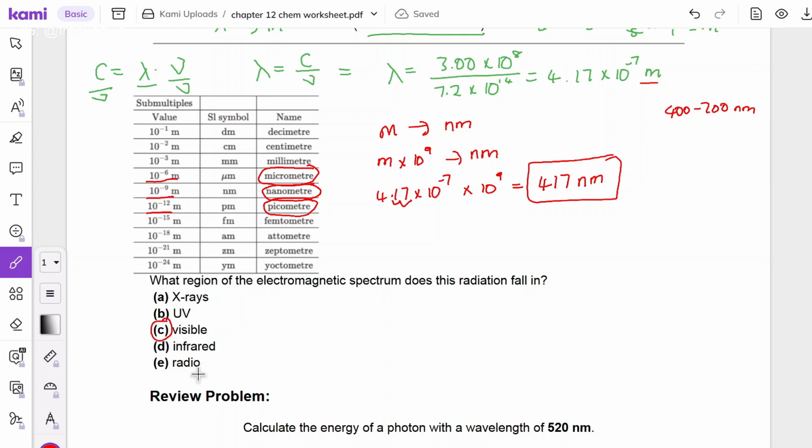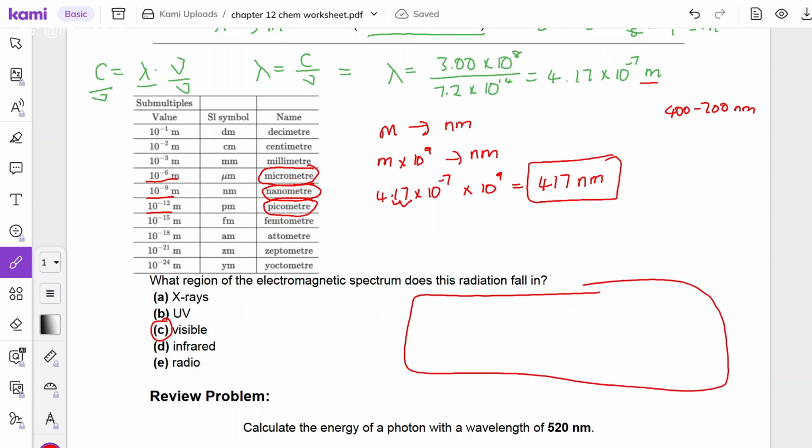And I'm not exactly sure if you're supposed to memorize the area that these wavelengths fall under, but sometimes they might give you a chart. It'd look something like this. Then it would write, let's say, 10 to the negative 9, then 10 to the negative 7 meters, and then say this falls under, like, radio or something.